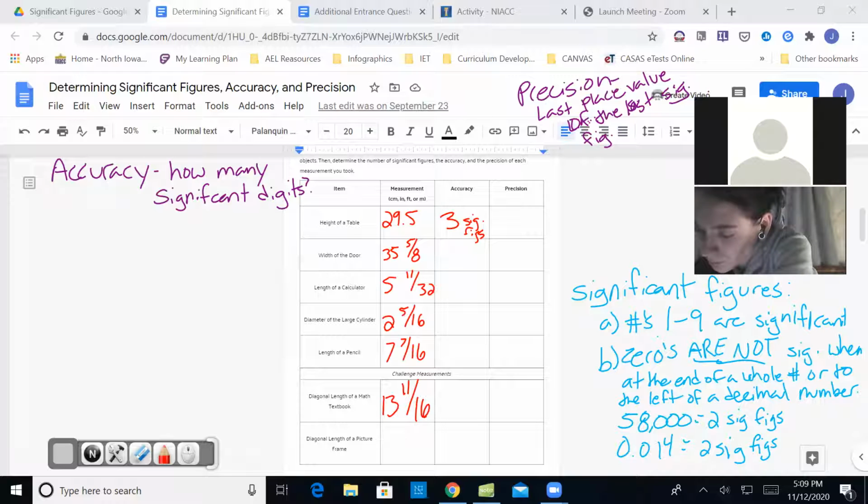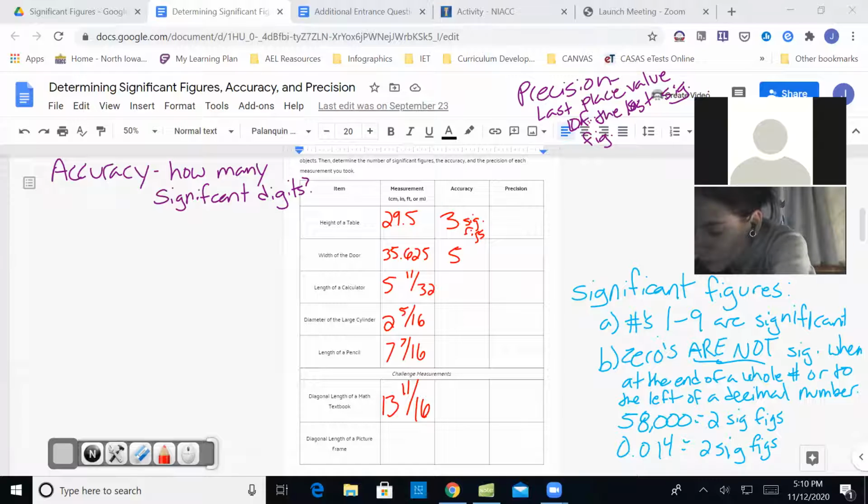The next one, 35 and 5/8 becomes 35.625. How accurate were we this time around? Yep, so we have 5 significant figures, no zeros.